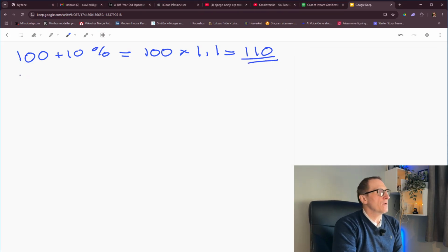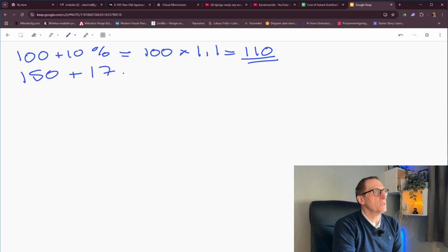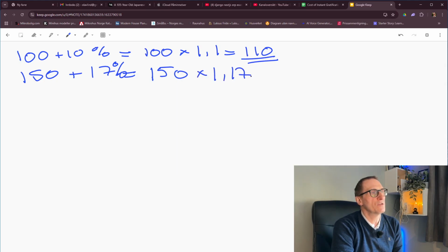If we have, for example, 150 and we want to add 17% to 150, like I said, percent means hundredth, so I need to do 150 times 1.17. This is the 17%, 17/100th.